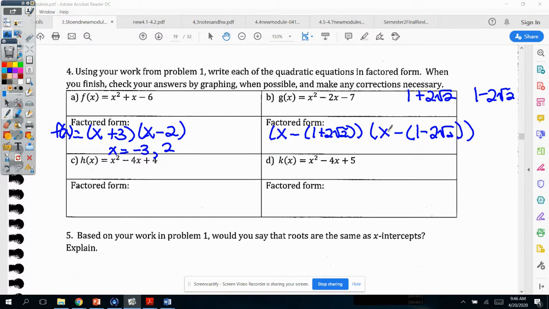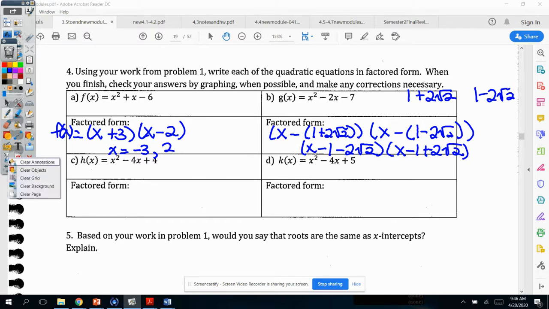They want you to check this by graphing. You can plug that one into your calculator, but you'll know it's right because I just told you it was right. You could distribute the minus. You could have had x minus 1 minus 2 root 2 as your factors and x minus 1 plus 2 root 2 as your factors. Those are the same thing.